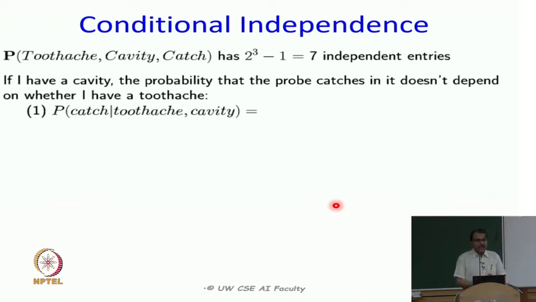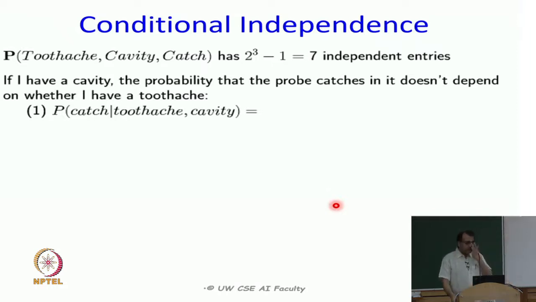And in order to explain this, we will again use the example of toothache, catch, cavity, and I am going to ask the question, what can we say about probability of catch given toothache and cavity? Okay. So, think about it. I know that the person has toothache, I know that the person has cavity, and now I am asking the question, are you going to catch the microbes?